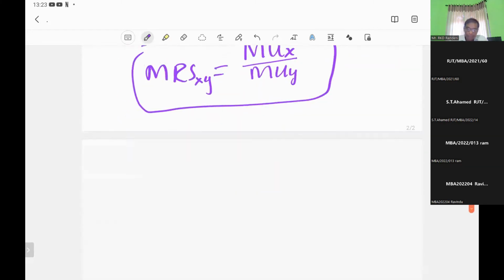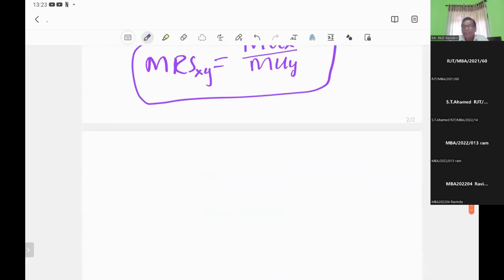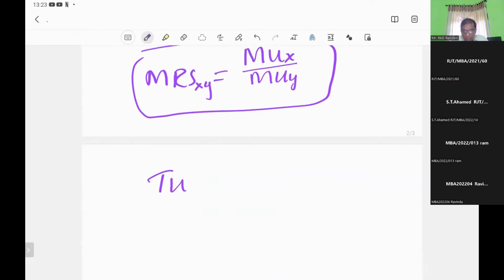Assume that a utility function is given. Now I will take the utility function TU as 100 x to the power half, y to the power half, right?